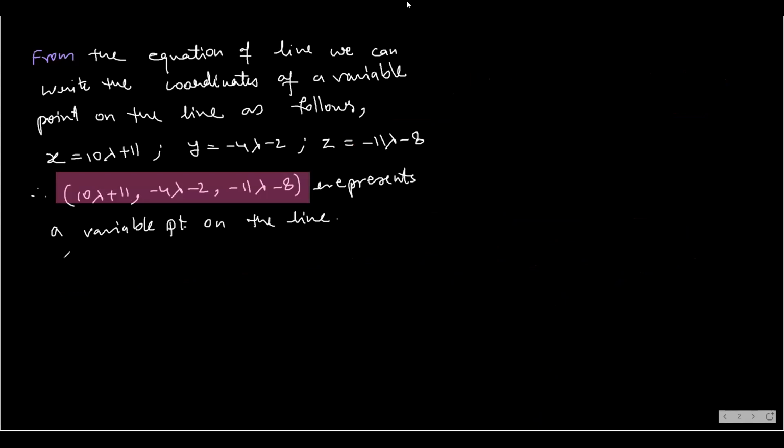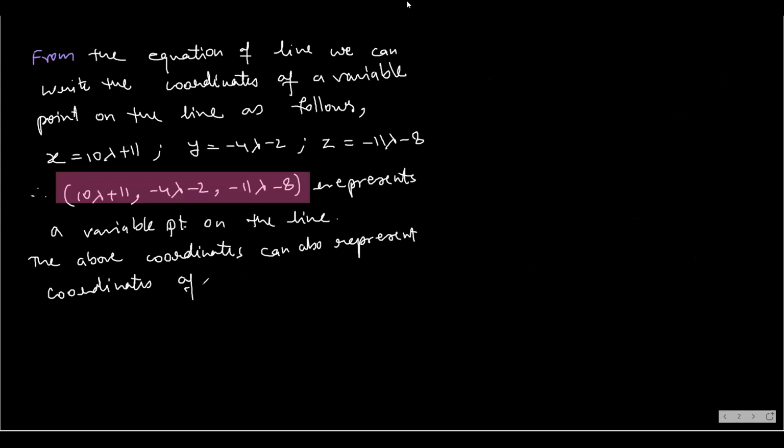The next step is I will write the above coordinates can also represent coordinates of point M. Okay, I will write that is x1 equals to 10 lambda plus 11, y1 equals to minus 4 lambda minus 2, and z1 equals to minus 11 lambda minus 8.